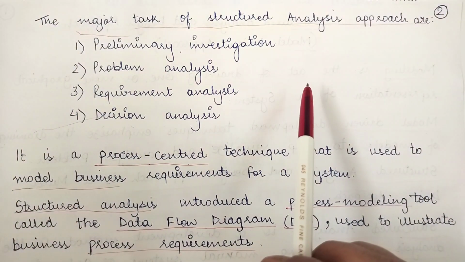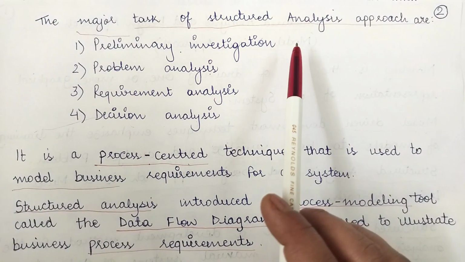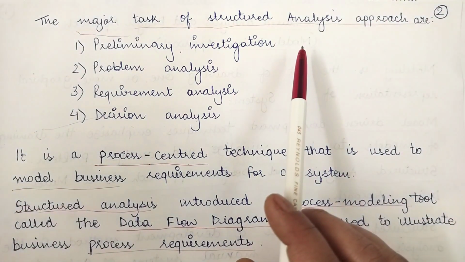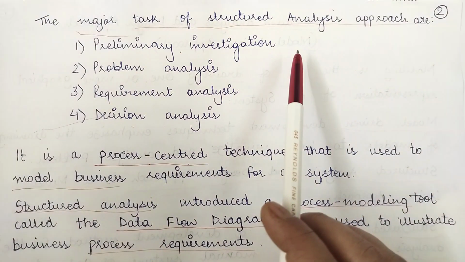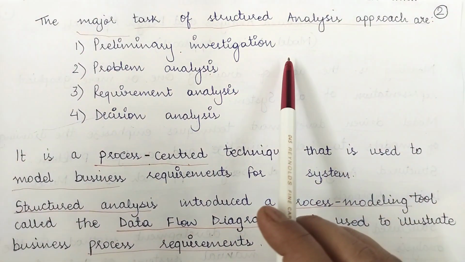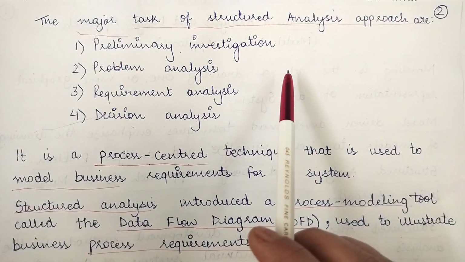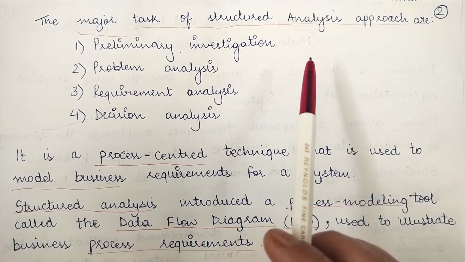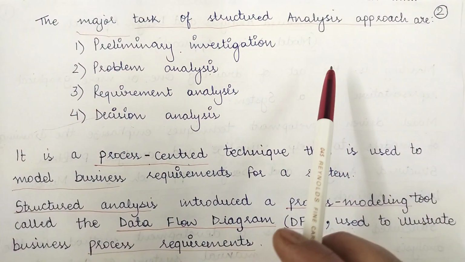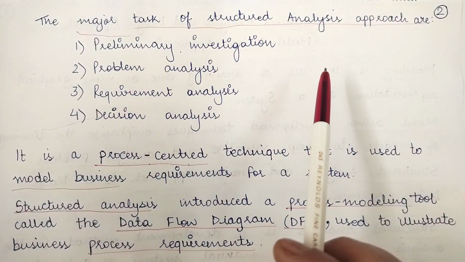The second technique, another important technique for preliminary investigation, is on-site observation. That is, the analyst goes to the actual site and observes things. It is used by the analyst to gain information about the project by visiting the client site where the system has to be installed. Here a detailed system study is carried out, checking the existing system to replicate it with your proposed system.